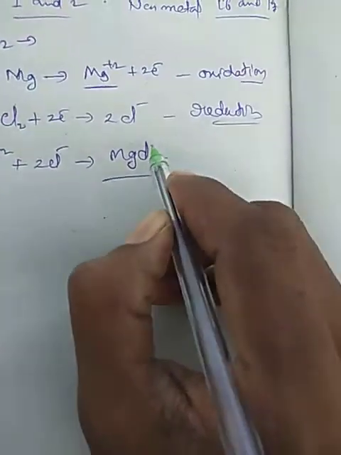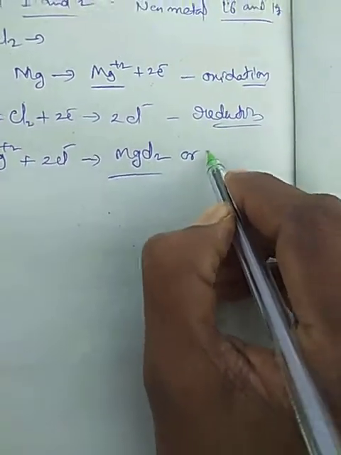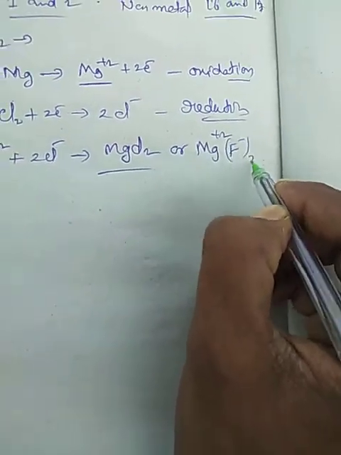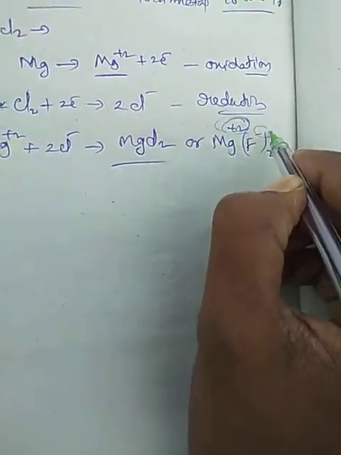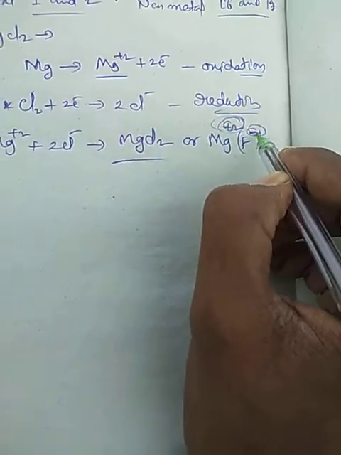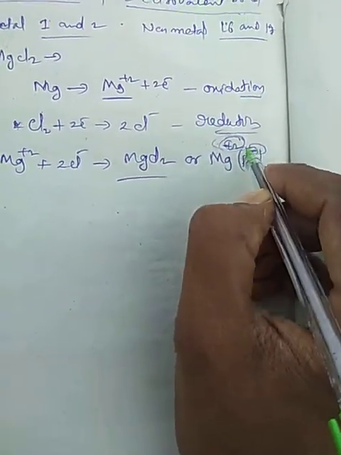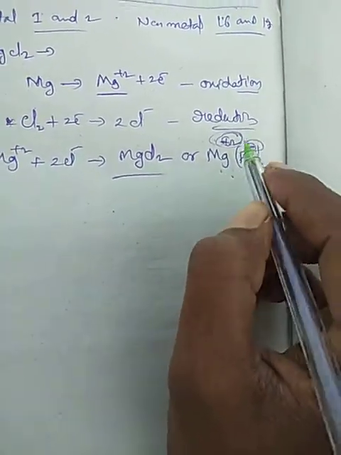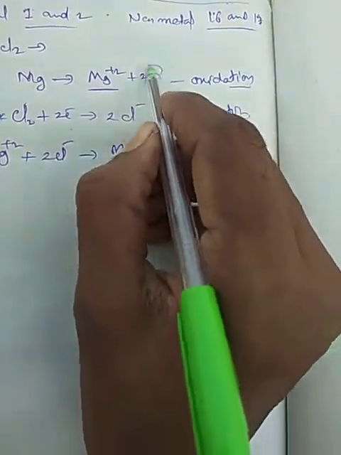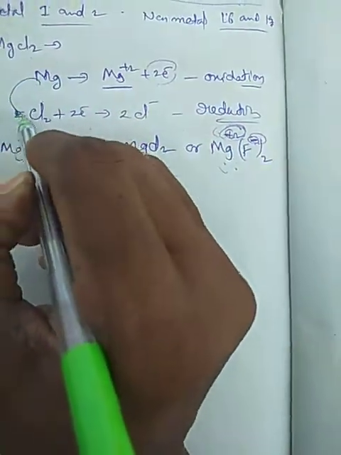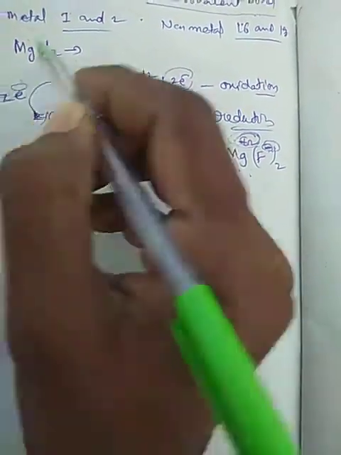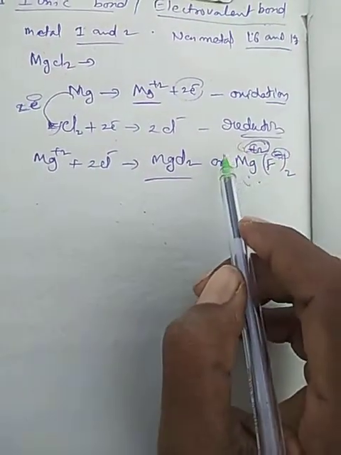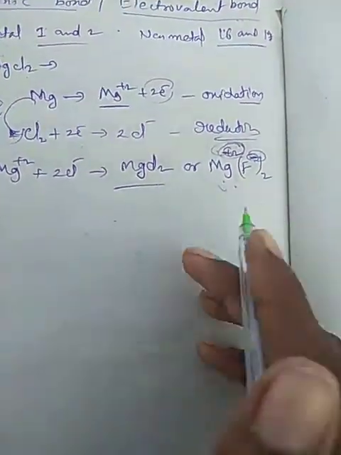Here the electrostatic force of attraction acts between the positive and negative charges. There is a complete transfer of 2 electrons from magnesium to chlorine, and the bond between the two oppositely charged ions is called an ionic bond.